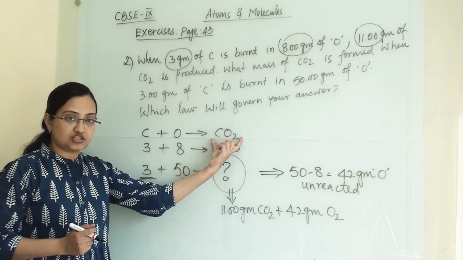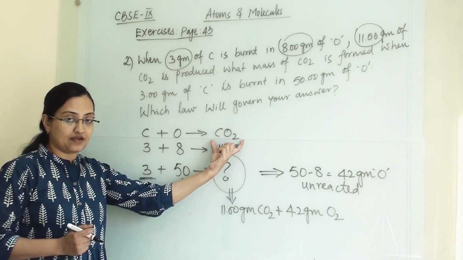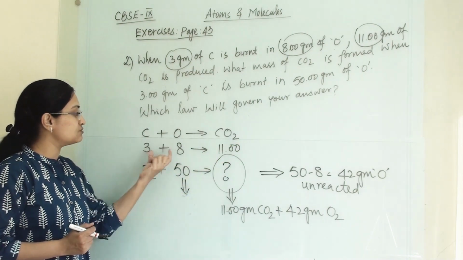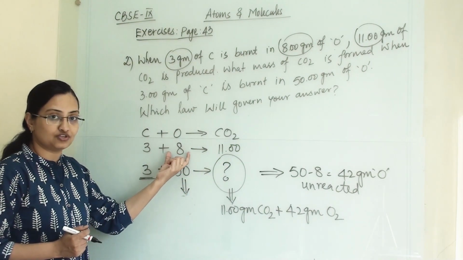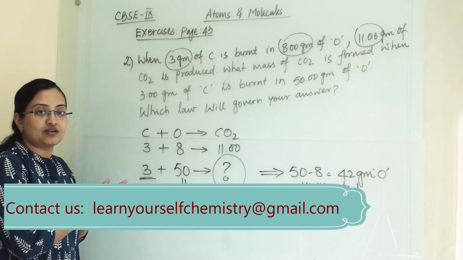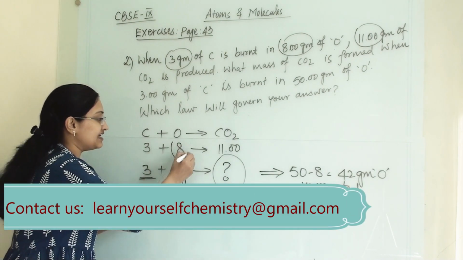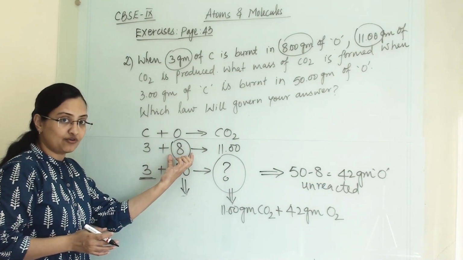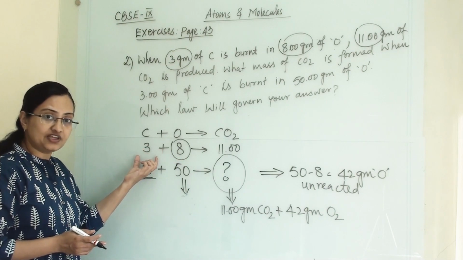For this constant proportion of carbon dioxide, we require only this much oxygen: for 3 gram of carbon, we require only 8 gram of oxygen. And if we have only 8 gram of oxygen, then we require only 3 gram of carbon.